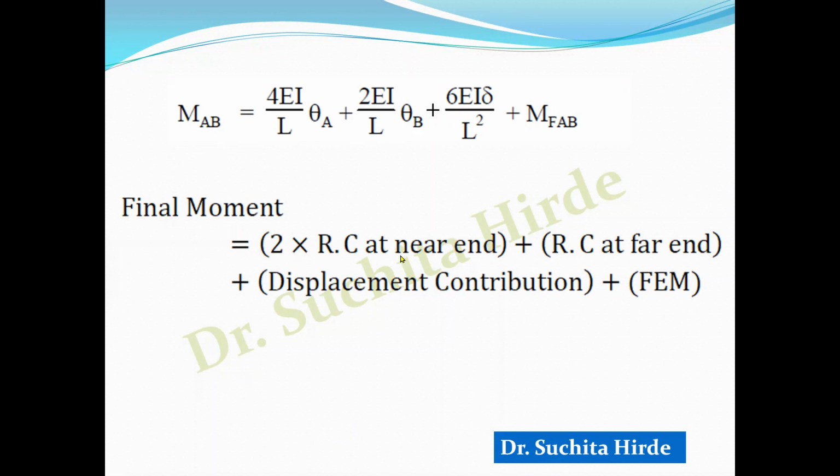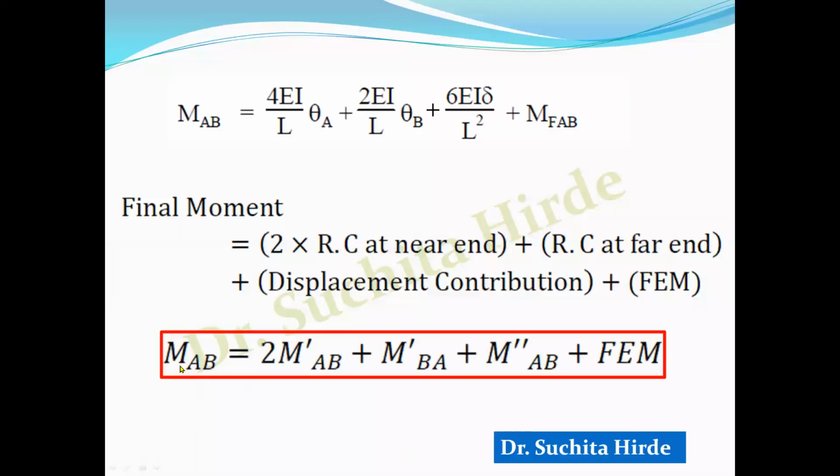It is 2 times rotation contribution at near end, plus rotation contribution at far end, plus displacement contribution, plus fixed end moment. This is the basic equation we use in Kani's method. Mathematically, MAB is equal to 2 times rotation contribution at near end plus rotation contribution at far end plus displacement contribution plus fixed end moment.